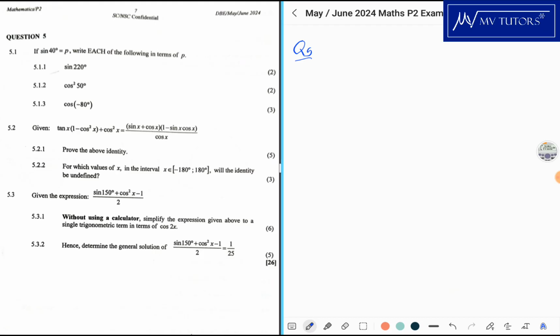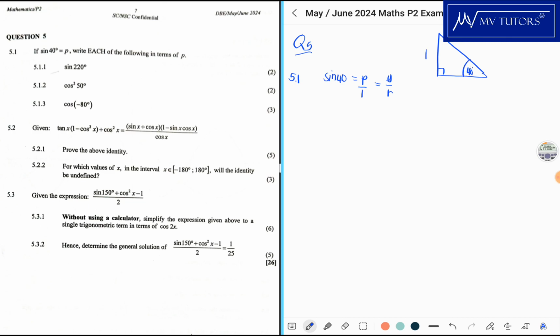So yeah, question 5.1. It says, if sine 4t is equal to p, I'm just going to say p over 1, write each of the following in terms of p. So if it's p over 1, we know that sine is opposite over hypotenuse. So we need to draw our right angle triangle, where we have 40 degrees over there.